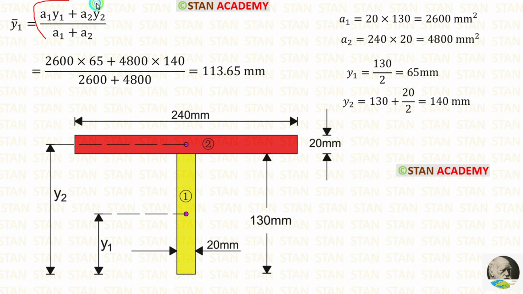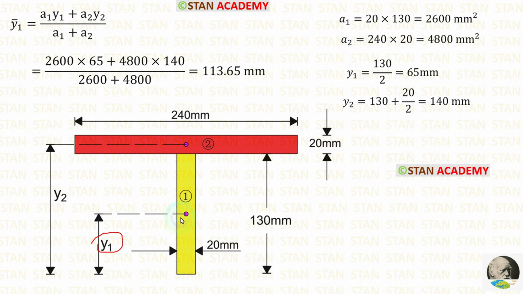Y1 bar is equal to A1 Y1 plus A2 Y2 by A1 plus A2. Area 1 is equal to 20 into 130. We will get 2600 mm square. Area 2 is equal to 240 into 20. We will get 4800 mm square.